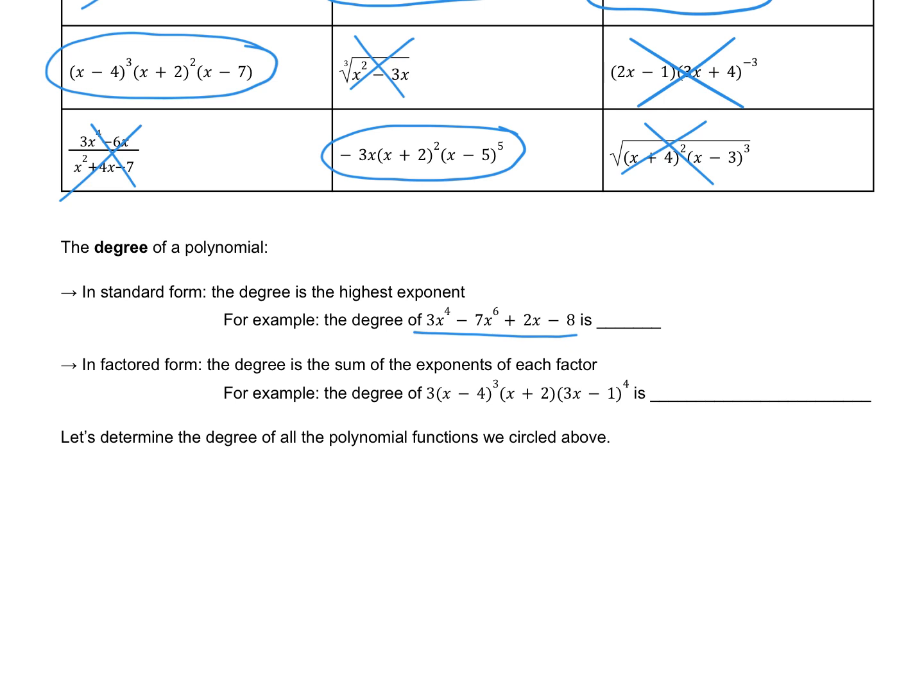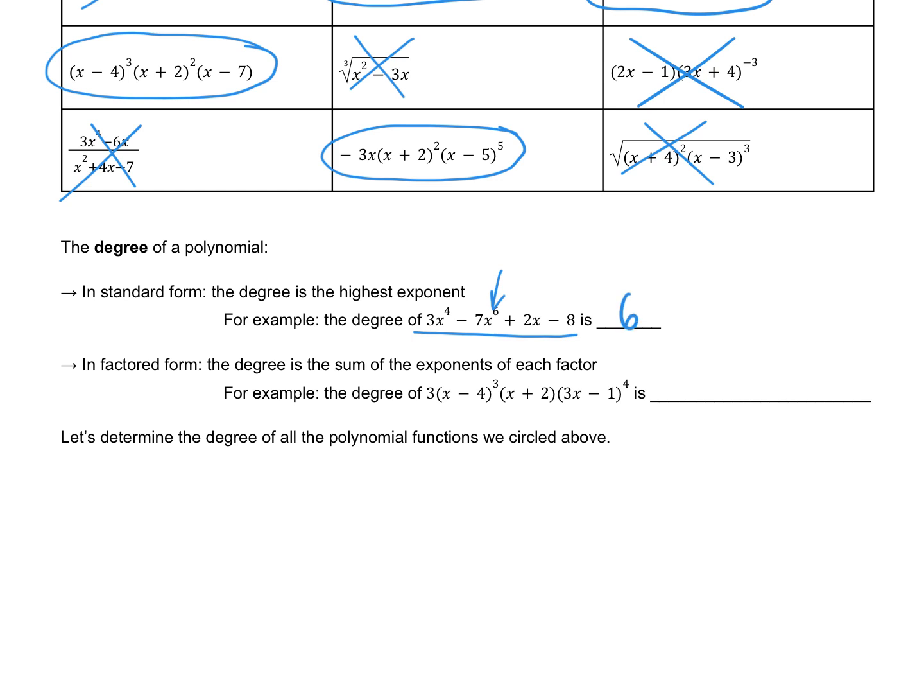And we just look at the highest exponent. So if you look at my example that I've just underlined, I see one term that is x to the power 4, one that's x to the 6, one that's just x to the power of 1. This has the highest exponent, the x to the power of 6. I couldn't care less what the coefficient is. I care about the exponent. So the degree is 6, okay?